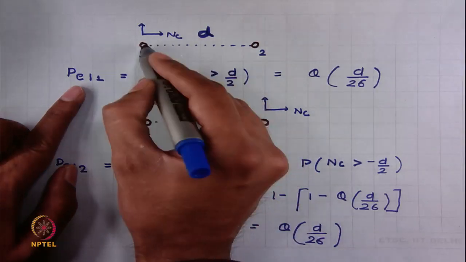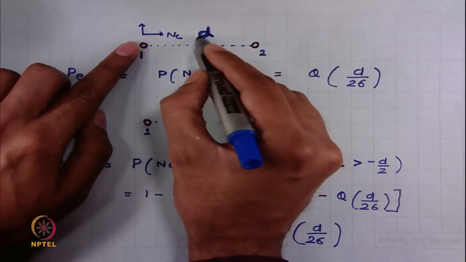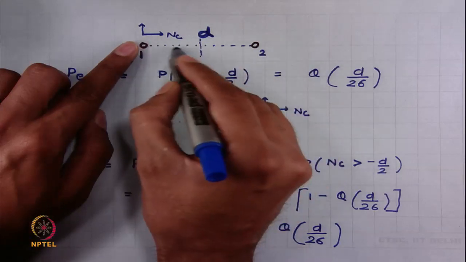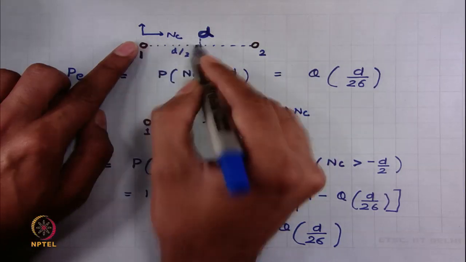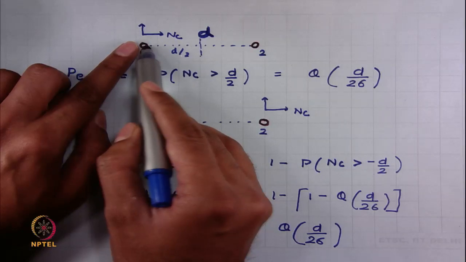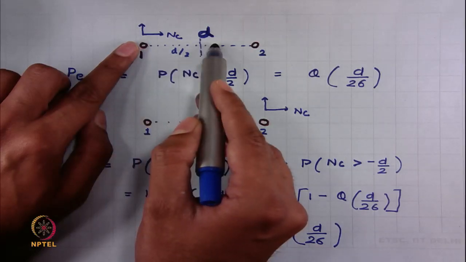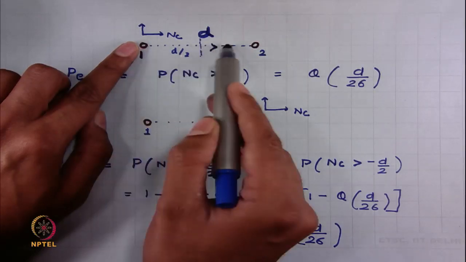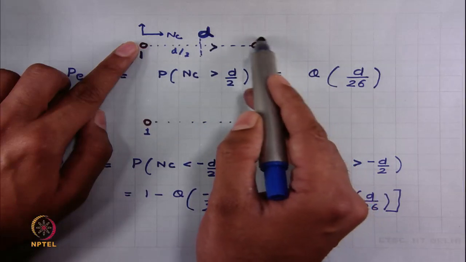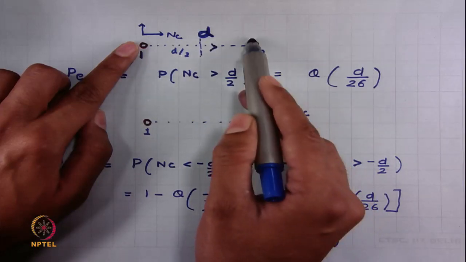Okay. So, you are transmitting this signal, and the perpendicular bisector will be at d by 2 from this place. If the noise amplitude becomes larger than d by 2, then the received value will lie to the right of this perpendicular bisector and the detector will assume that the transmitted hypothesis is 2.